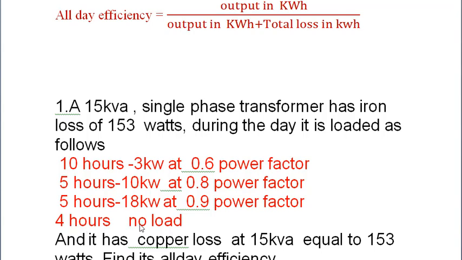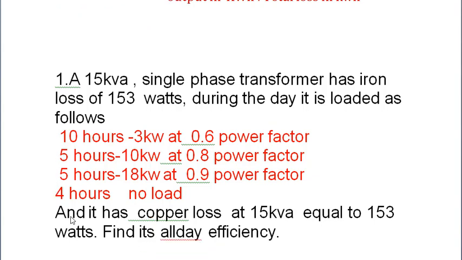For 4 hours, there is no load connected to the distribution transformer. If you count all these hours, it is 24 hours, meaning per day we are calculating.